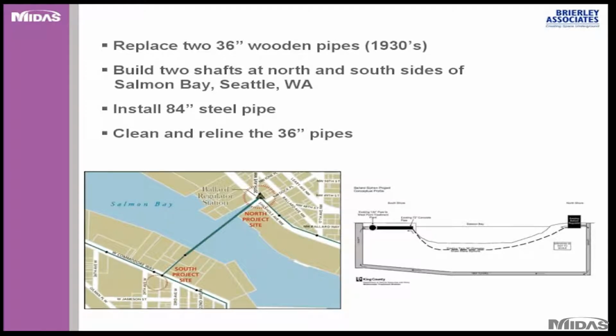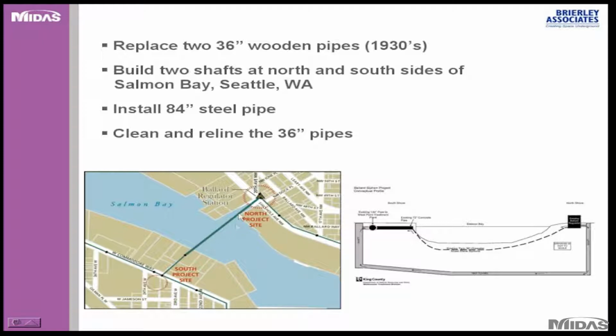The need for this project started with the growing need of King County in Seattle, Washington, in the wastewater treatment division. The idea was to replace two 36-inch wooden pipes that were built in the 1930s, and as you see here in the schematic, the two pipes went under the Salmon Bay in Seattle, Washington.